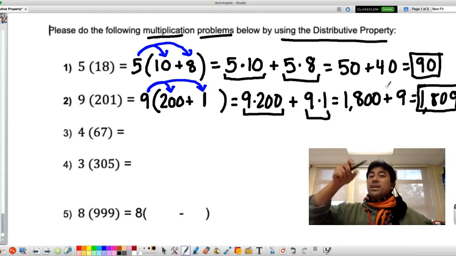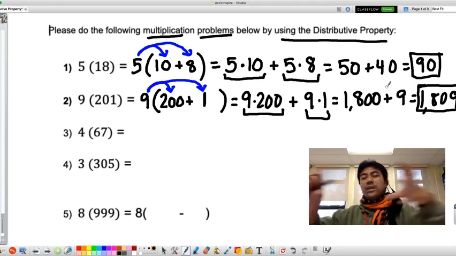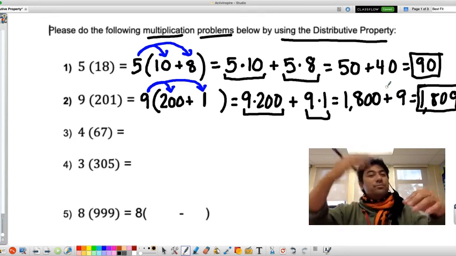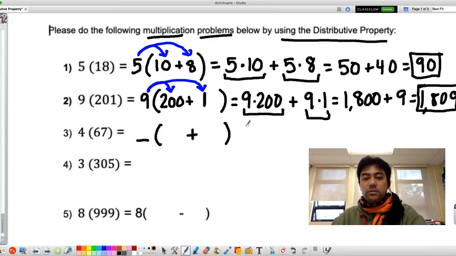I want you to notice that we've been doing this math left to right, but you don't have to do it left to right. You can always do it top to bottom, okay? So what I want you to do is, as you do 3, 4, and 5, you are just going to go ahead and continue this, okay?